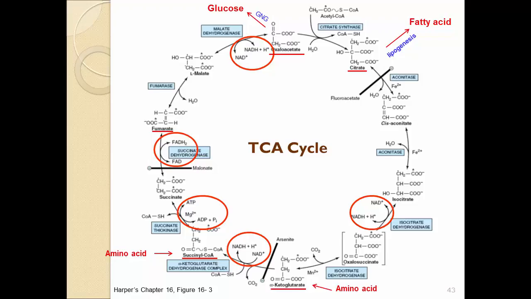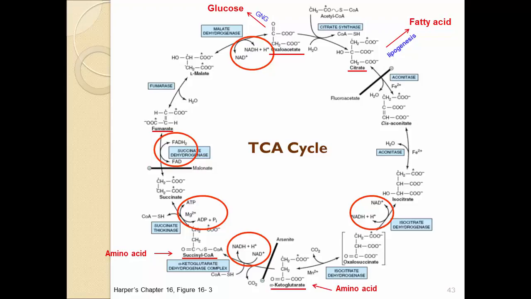Lots of amino acids can serve as precursors for gluconeogenesis, and the TCA cycle is a very important pathway for gluconeogenesis from amino acids, right? So the second function of the TCA cycle is to be involved in gluconeogenesis.